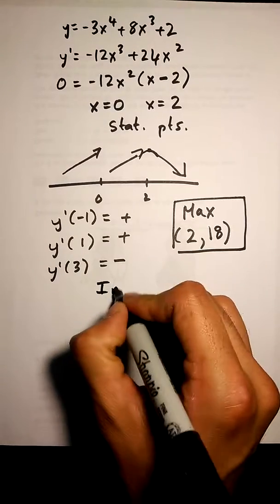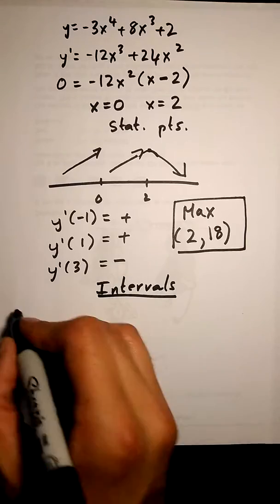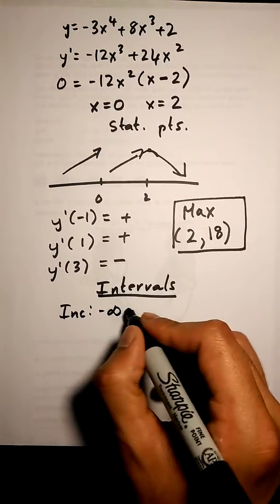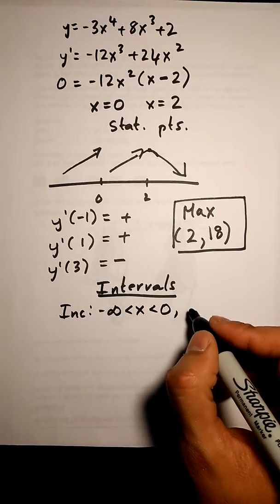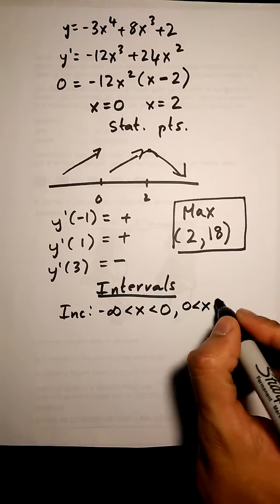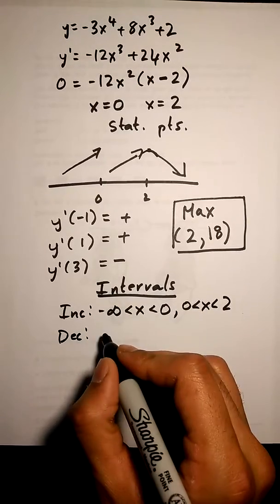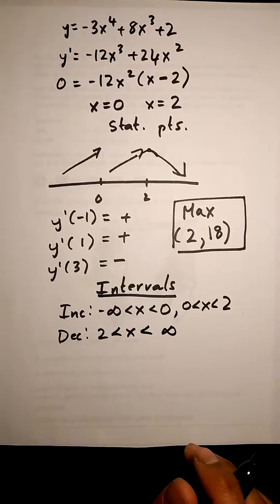Finally, we can write our intervals of increase and decrease. So increase, we have -infinity less than x less than 0, and 0 less than x less than 2. For decreasing, 2 less than x less than infinity.